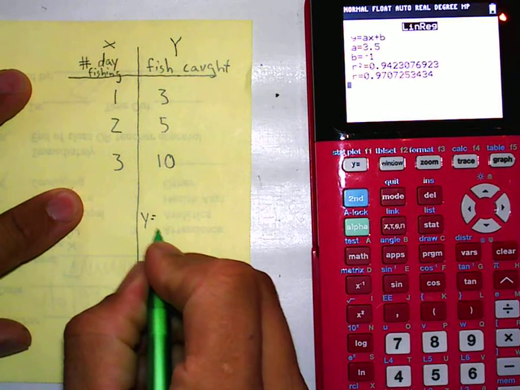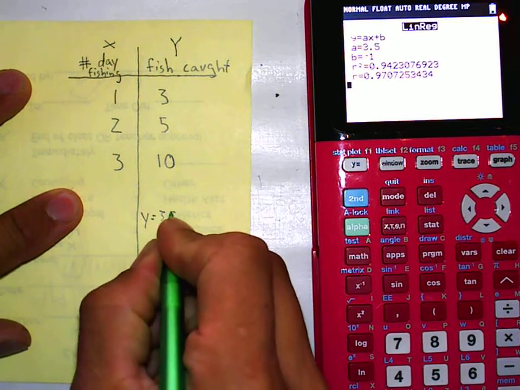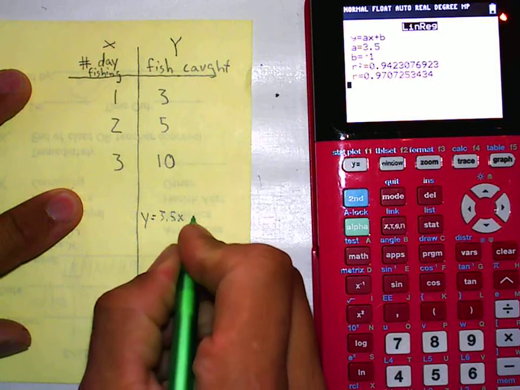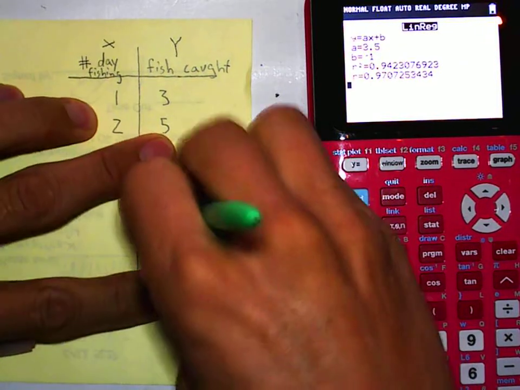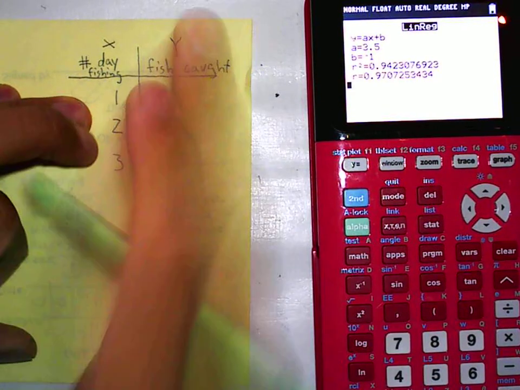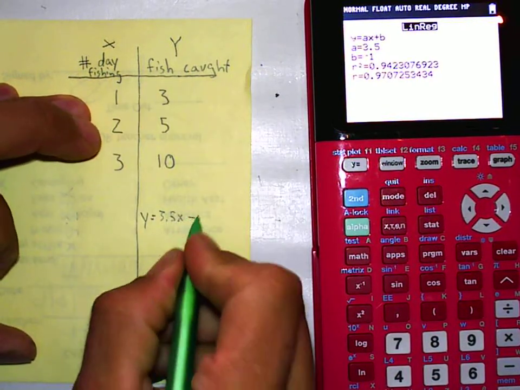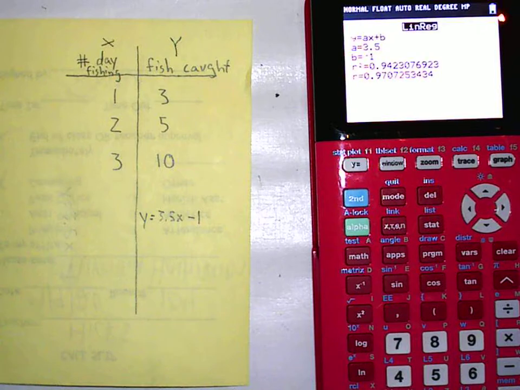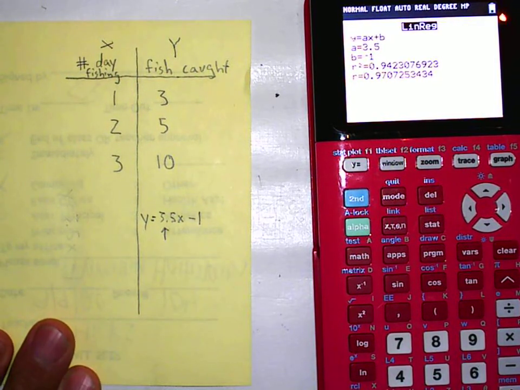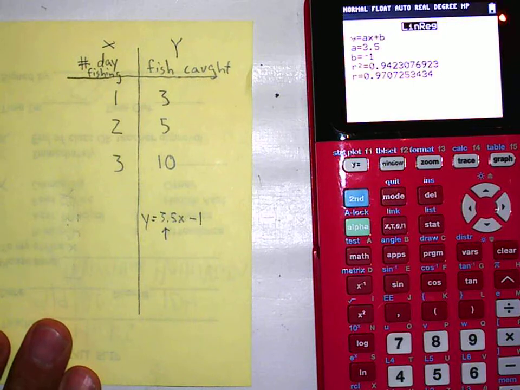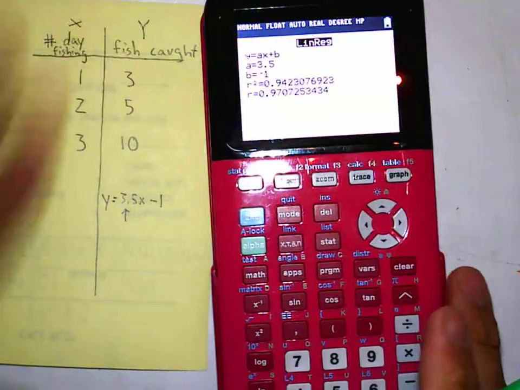So it's 3.5X plus our Y-intercept. So we're going to have 3.5X minus 1 for this data. Oftentimes, it's this value that we want, like in today's lab. All right, so we got that.